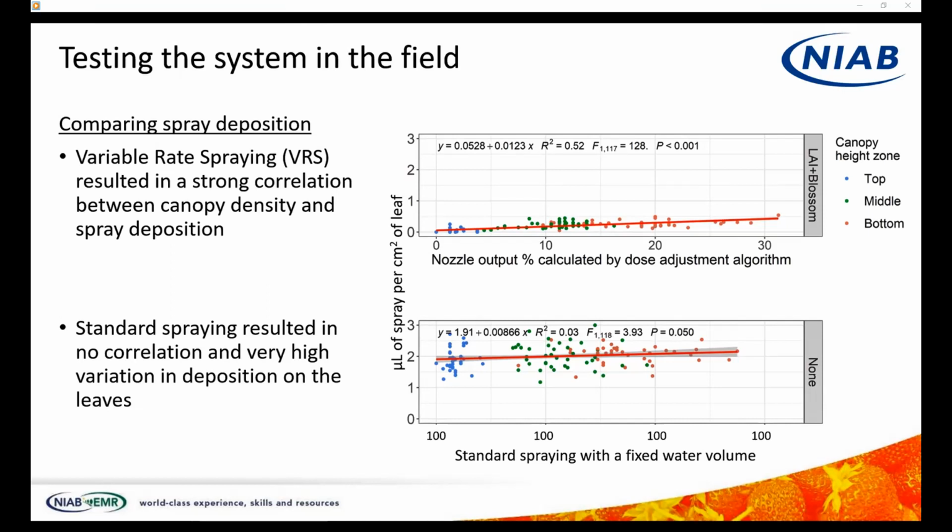The top graph shows there is a strong correlation between the nozzle flow rate settings and the deposition on the leaves, and the variable rate spray system is adjusting the spray output according to the canopy density to deliver a very uniform distribution of spray over the individual trees and across all the trees in a row. It's perfect spraying. The bottom graph, on the other hand, shows there's no correlation between the nozzle output and the deposition. There is a very high variation in spray deposition, and the spraying is very unevenly distributed.